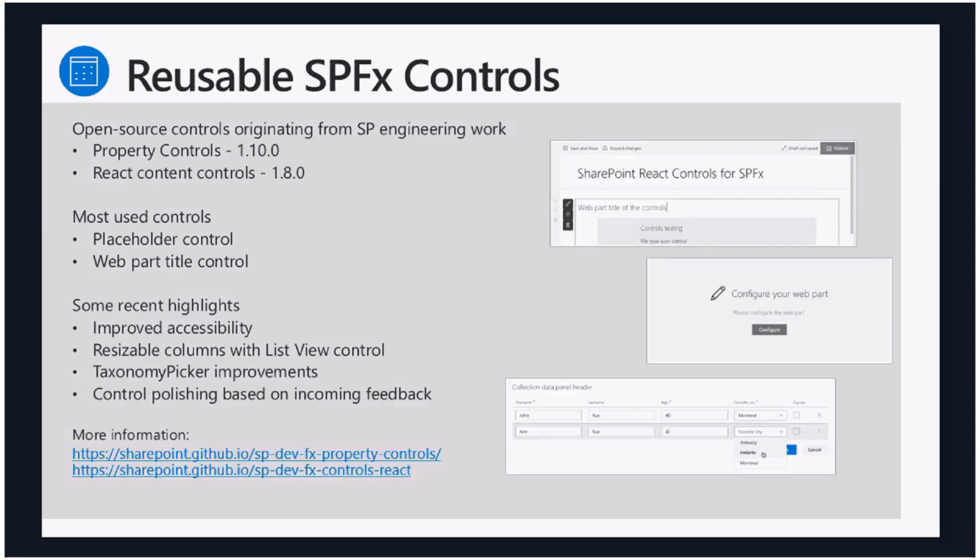Some recent highlights: improved accessibility, reusable columns in list view control, taxonomy picker improvements, and control polishing in general based on incoming feedback.